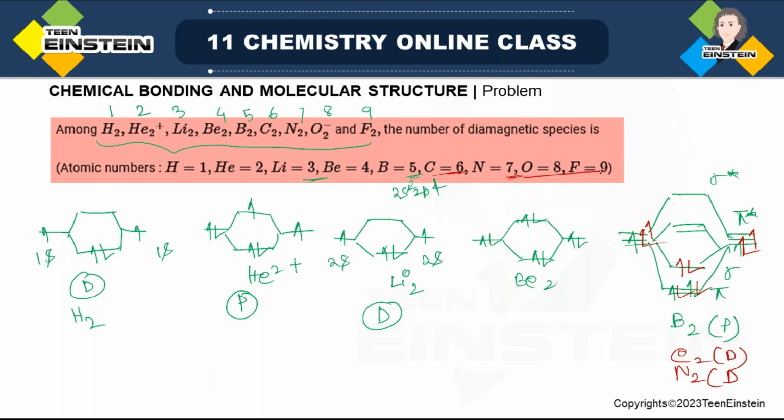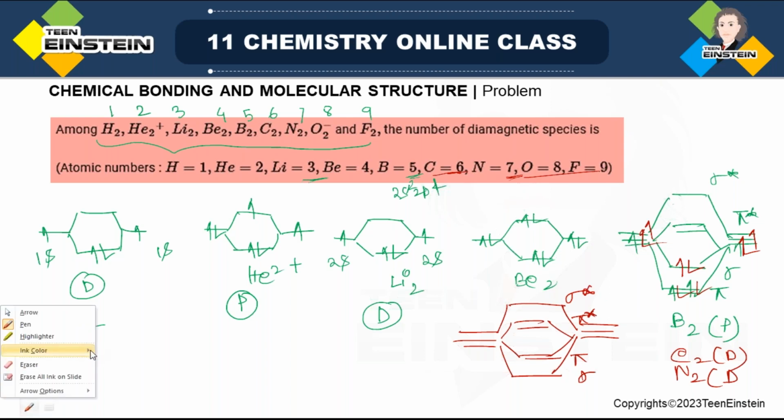And what about O2 and F2? Remember, in case of O2 and F2, we will just focus on p, and first sigma, then pi star, because of this 2s-2p mixing fact, it is different. So when it is oxygen, that means it is 2p4.